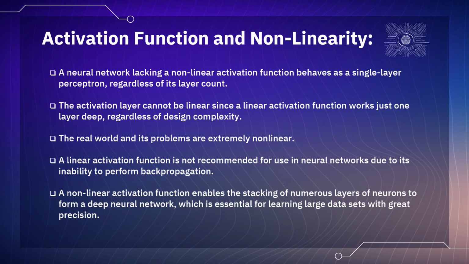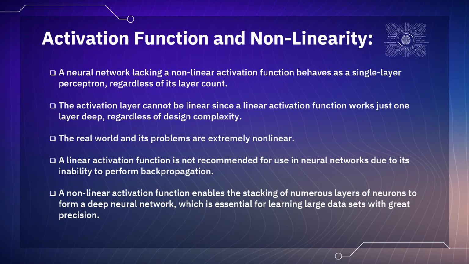This layer is not visible to anyone on the outside, and it is responsible for passing the result on to the subsequent layer. The output layer is responsible for accepting the result from the hidden layer and then transmitting it to the rest of the world. The activation function is present in the hidden layer.